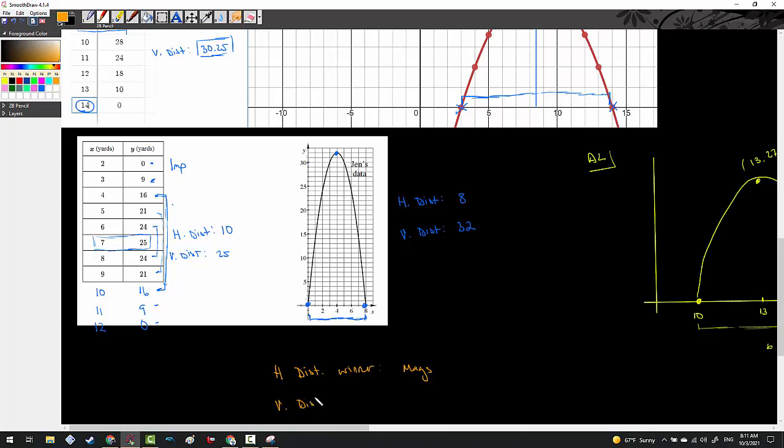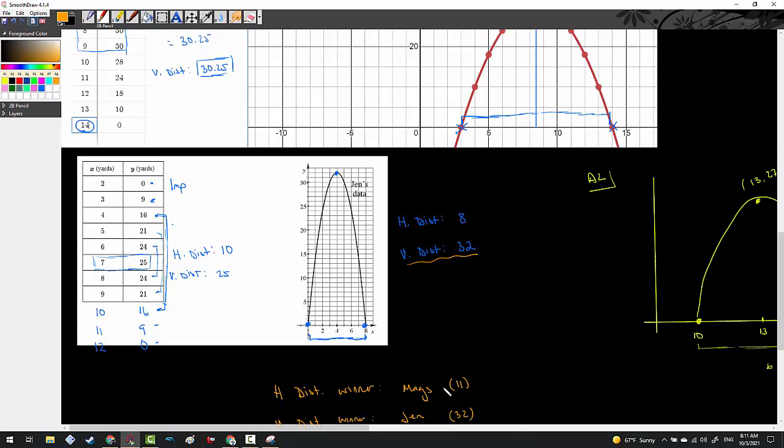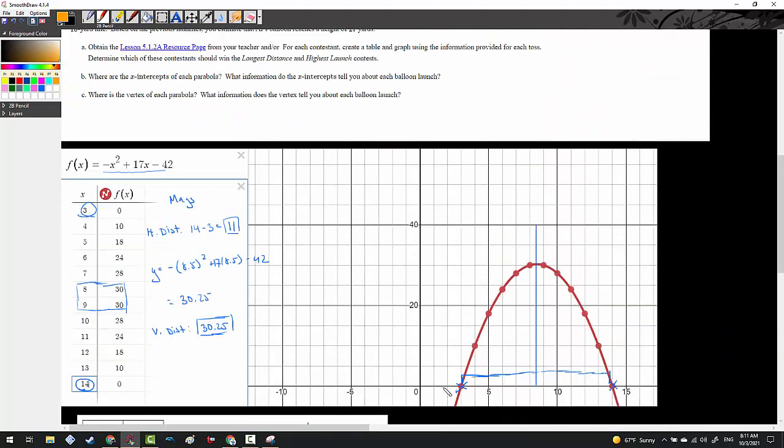And then the vertical distance winner is none other than our good old buddy Jen with a distance of 32. So I'll go and write down their distances here, 11 and 32. Okay, so that is part A. I'll come back for part B in just a second.